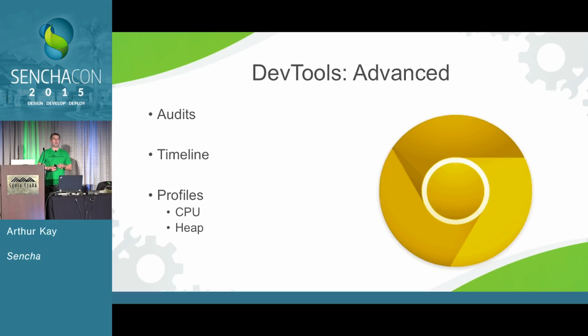But for those of you who may have been at SenchaCon 2013, or if you've watched the videos on our Vimeo channel, Jamie Avens did a great presentation in 2013 on using the timeline with the Sencha Touch application, and gives you a handful of concrete examples and debugging issues with jaggy scrolling or animations that aren't very smooth. So that would be what the timeline would be very useful for.